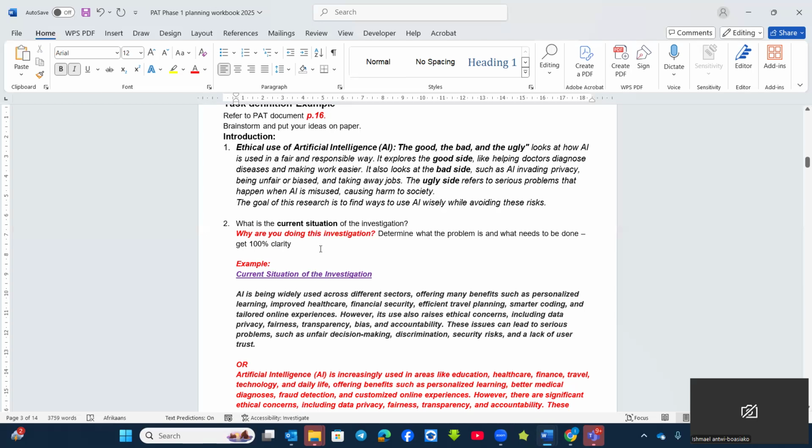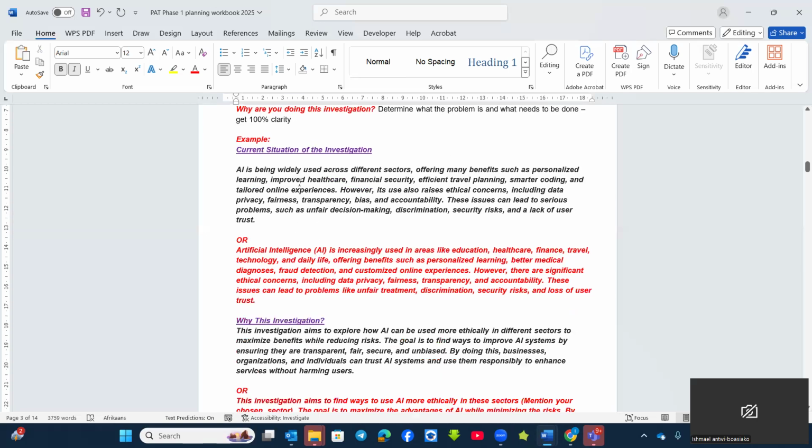Now, from there, you go to the current situation as the heading. I put two current situations here. Currently, what is happening with regards to AI in these sectors? That's what the current situation is all about. So I have one example. First one: AI is being widely used across different sectors, offering many benefits.